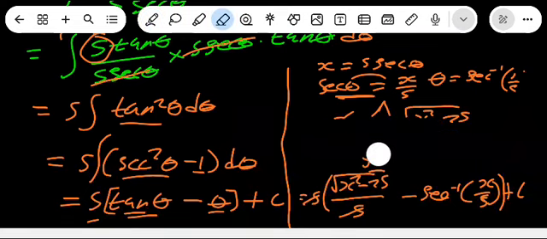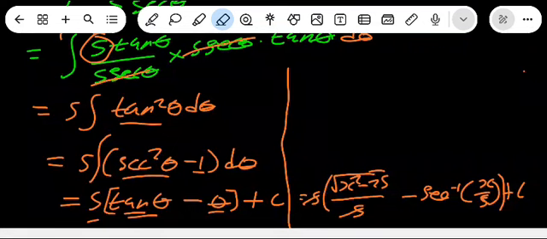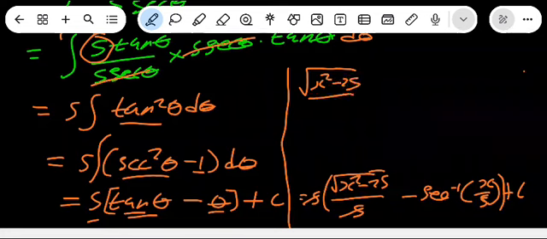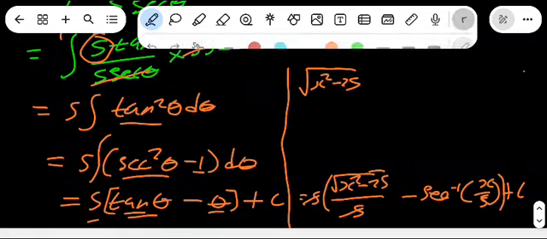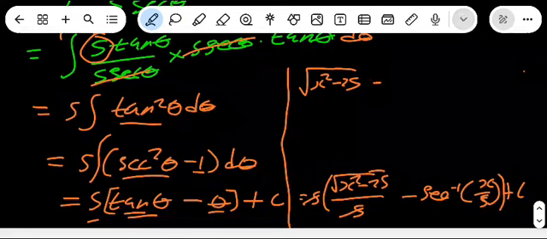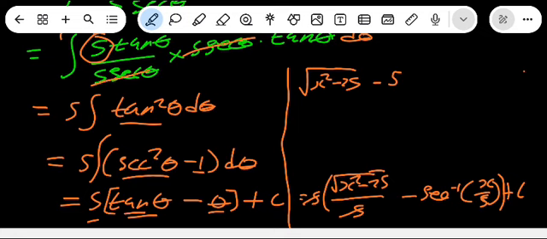So in the end, we'll obtain root x squared minus 25, minus 5 sec inverse of x over 5, plus some constant c.